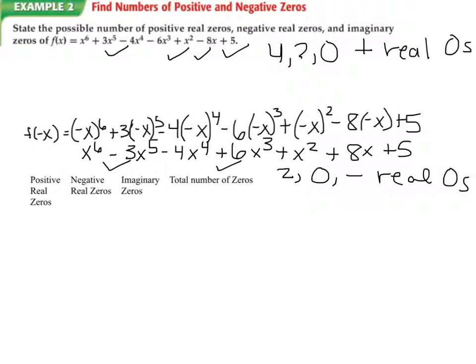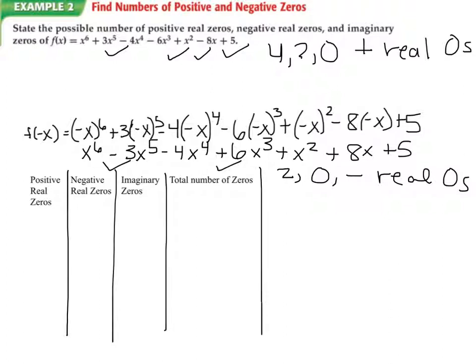And so now we can go ahead and create a table based off of this information. And we need to put all of the combinations that we've come up with. So I'm going to go ahead and chart this out here, make it into a nice table for us. We know that the total number of zeros has to be 6, no matter what we do. So we know that positive real zeros is either going to be 4, 2, or 0. So I'm going to go ahead and mark that down. 4, 2, or 0.